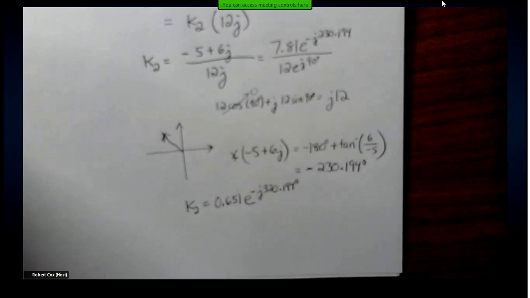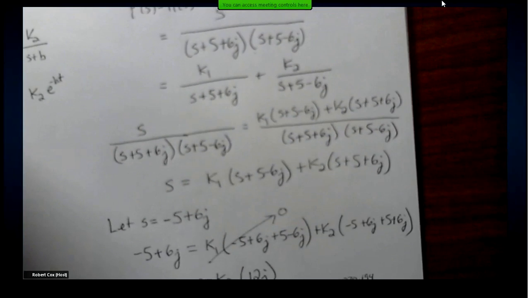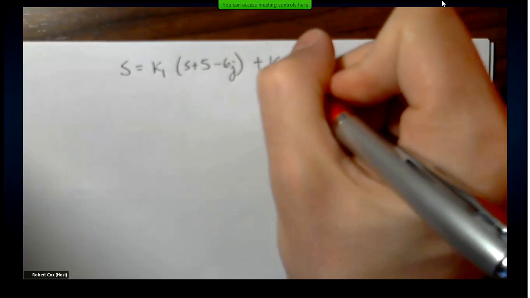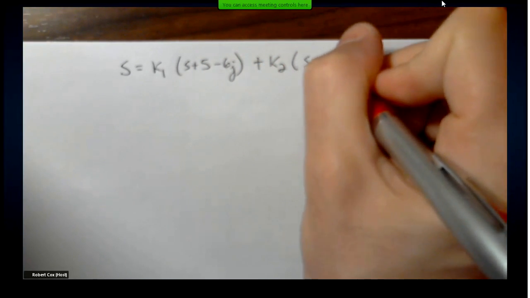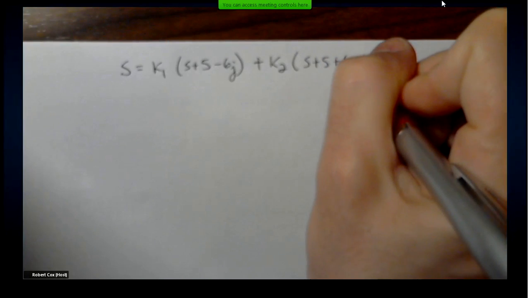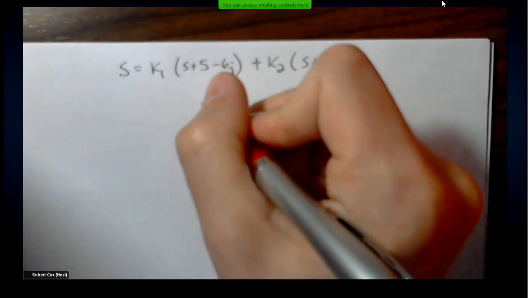Now we've got to find our K1 value. So we go back to our original expression. What did we have at the beginning? We had S equals K1 times S plus 5 minus J6 plus K2 times S plus 5 plus J6. So now I guess the other one.